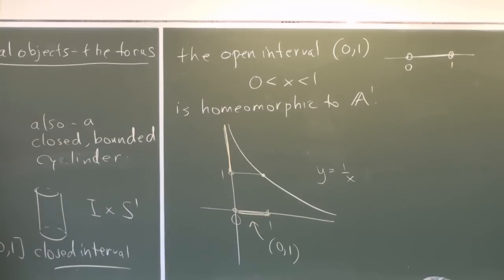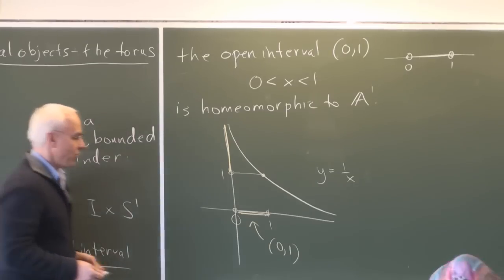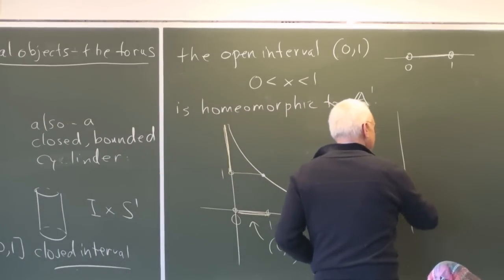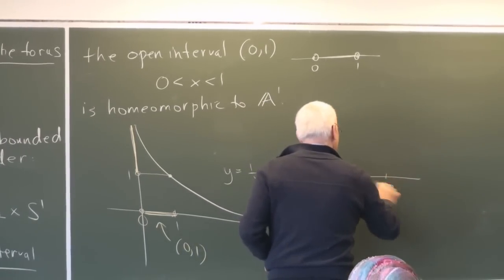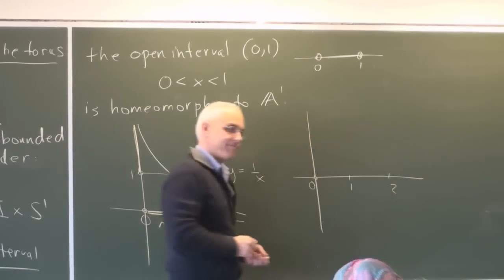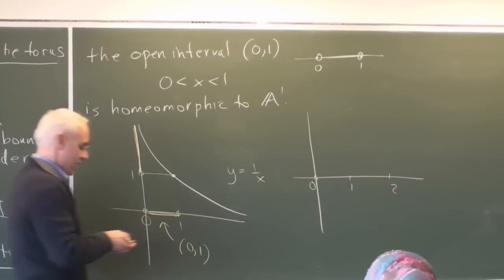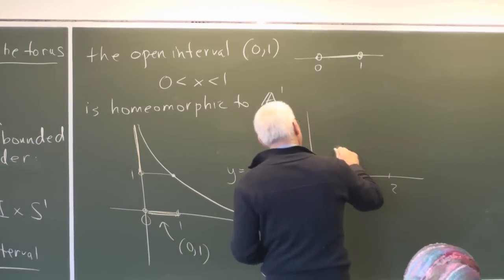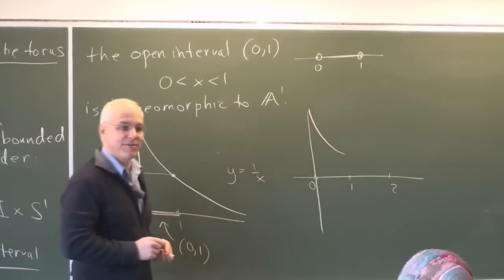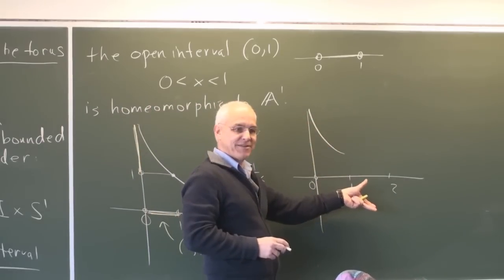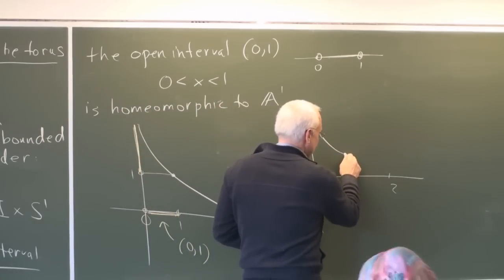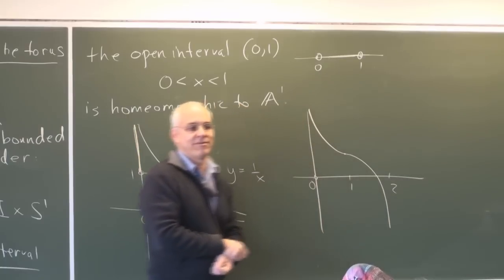Now if we wanted to get a map from the open interval to a whole line, we could just put two of those together. Let's go from 0 to 2 perhaps. We could take this branch of the hyperbola that we've just been talking about, and then we could take that same branch and reflect it and put another copy starting here, going down in that direction.